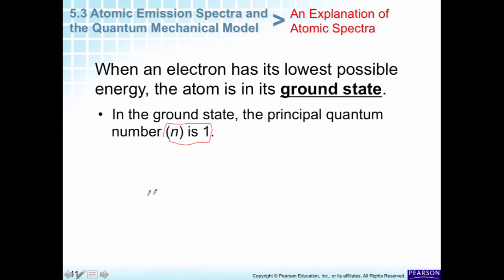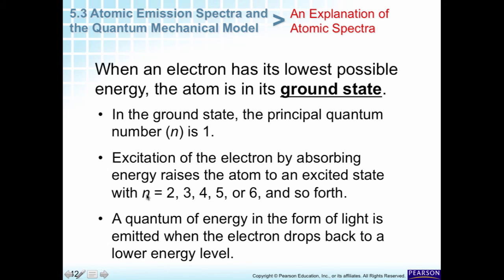If an electron moves up, it can move up to any of the higher levels from there: second, third, fourth, fifth, or sixth floor, or rungs of the ladder. A quantum of energy in the form of light is emitted when the electron falls back to the lower energy level. It requires a quantum of energy to get up there, but that could be heat, for instance, or incoming light.